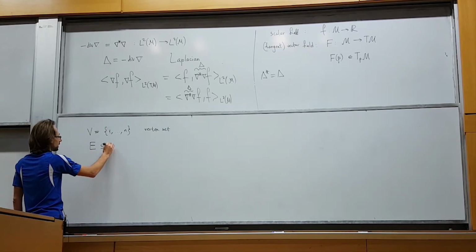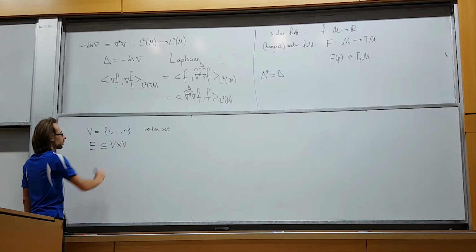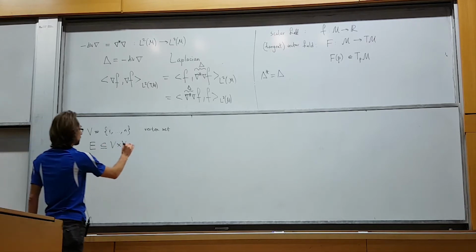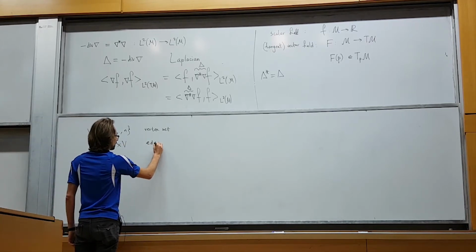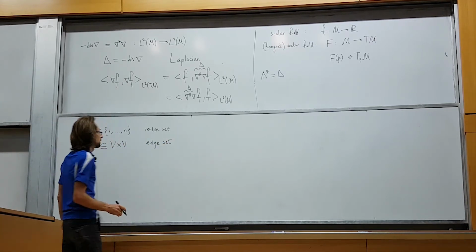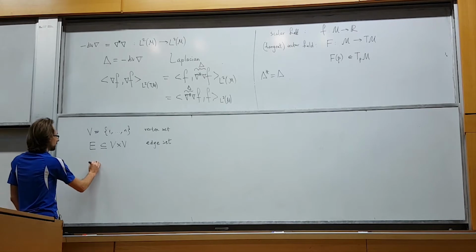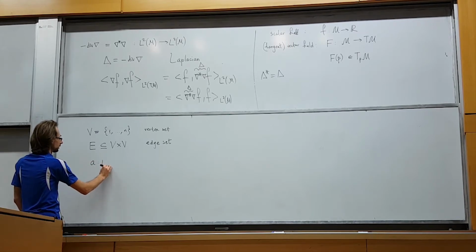as the subset of the product V cross V. So it's a set of pairs of vertices. This is the edge set. Okay? And then I will define two weight functions. One weight function will be a vertex weight function.